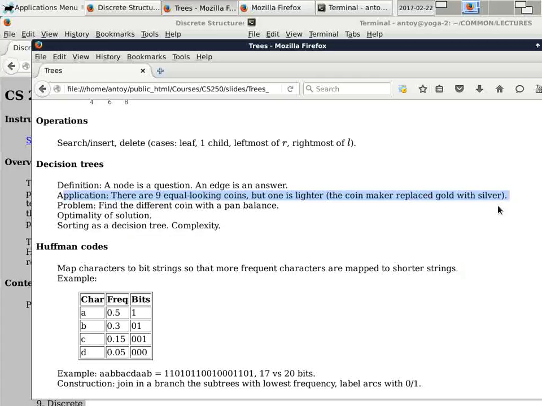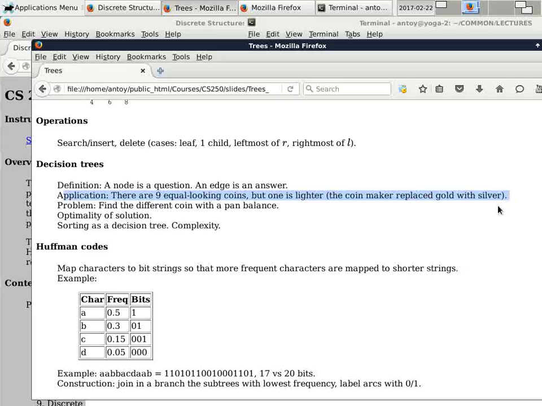Why is it optimal? How do I argue that you cannot do better than that? Because it was not really obvious that you couldn't do better than the other, right? So how do you argue that you cannot beat this? The maximum height is smaller than the other.